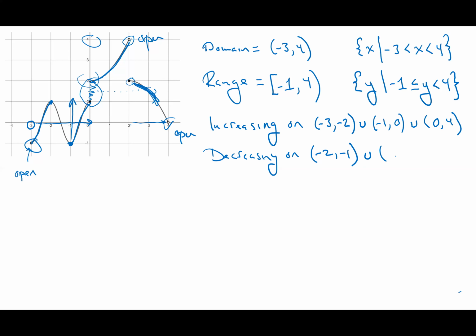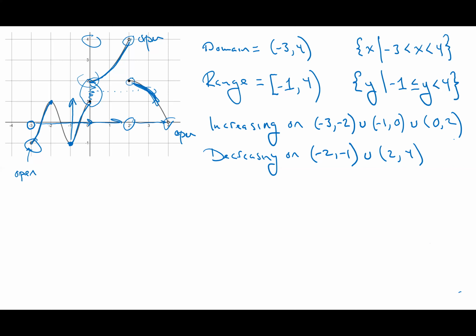And then 2 to 4. Oh, I'm sorry. I put 0 to 4 up here, but that's not right. 0 to 2, we're on the x-axis. Sorry, guys. So increasing on -3, -2, -1, 0, and 0, 2. It's looking at the range.